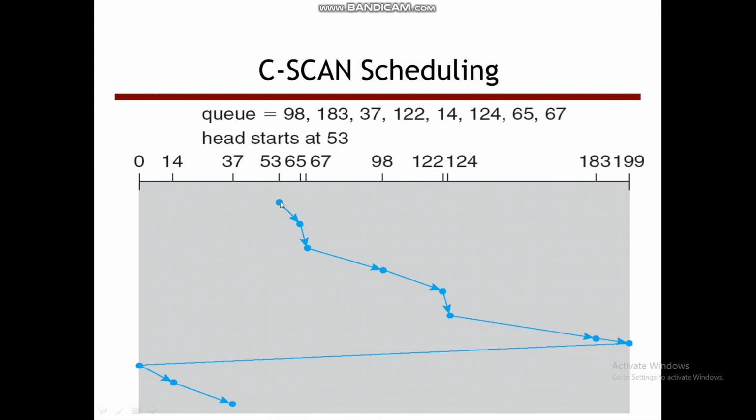It goes from 53 to 65, 65 to 67, then to 98, 122, 124. 183 was our last request, but it will move all the way to 199, then all the way to 0, then to 14, and then to 37. That is, it follows a circular fashion and makes the wait time uniform.